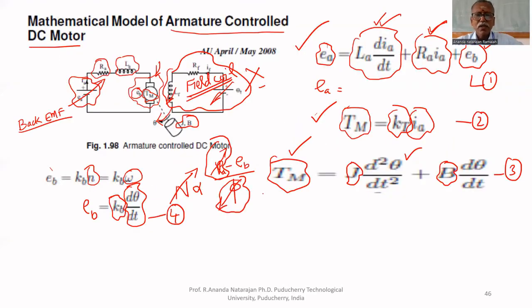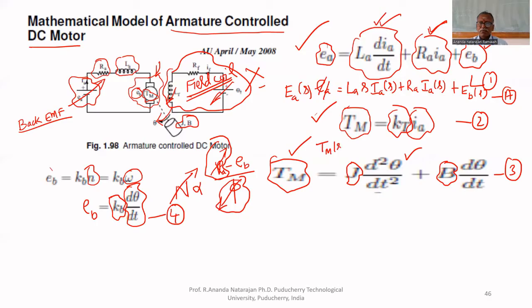Now we will obtain the transfer function. For that, we have to take the Laplace transform of these equations, assuming zero initial conditions. EA of S equals LAS IA of S plus RA IA of S plus EB of S. That is also a variable. This is equation A in the frequency domain.